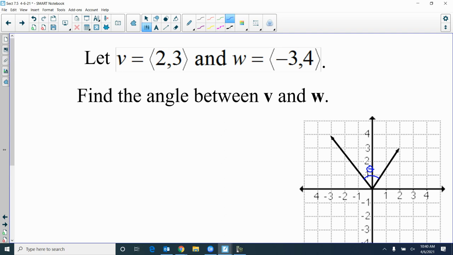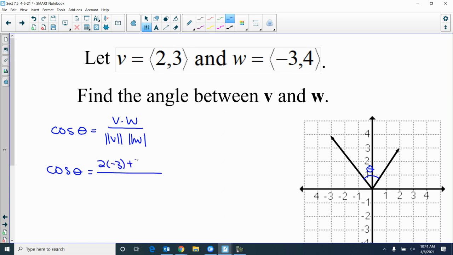So we're going to use that formula: cosine of theta equals the dot product over the magnitudes. So cosine of theta equals, what do I get for the dot product? 2 times negative 3 plus 3 times 4. The magnitude is going to be the square root of 2 squared plus 3 squared.